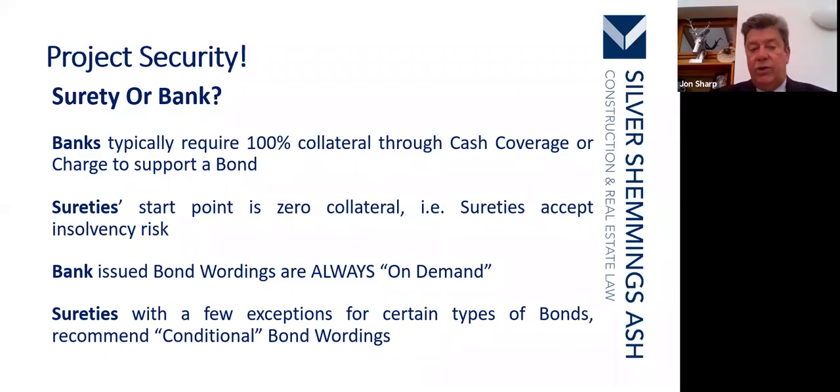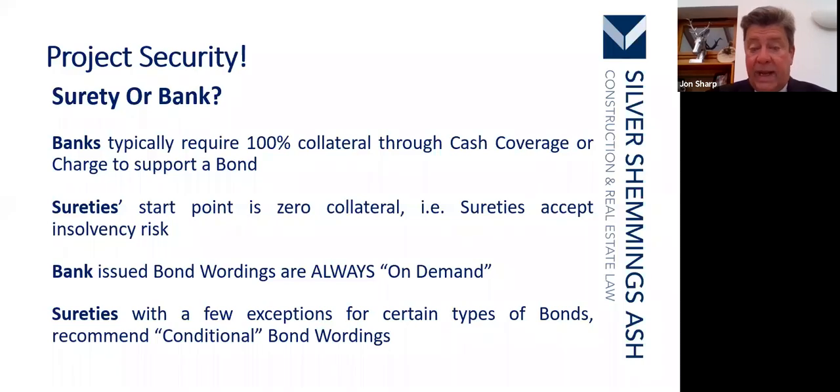If a bank issues you with a bond, the wordings are always, as is common with just about every bank document you ever see, that they can have their money back on demand. So certainly during the financial crisis of 2008, 2009, the banks called in everything because they could, because all overdrafts, whatever, were all on demand.